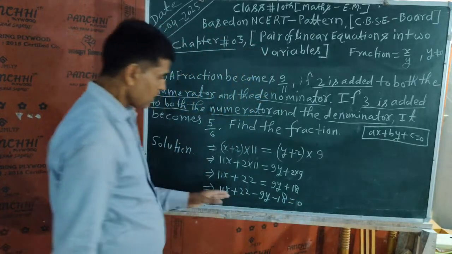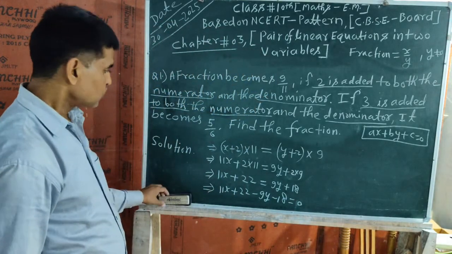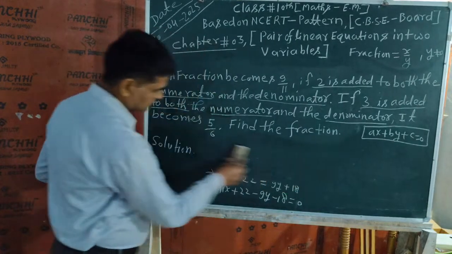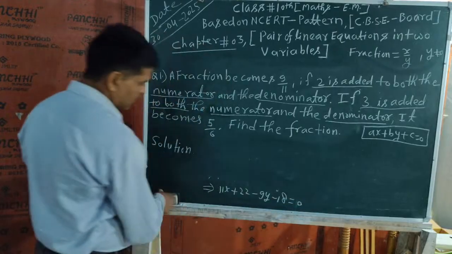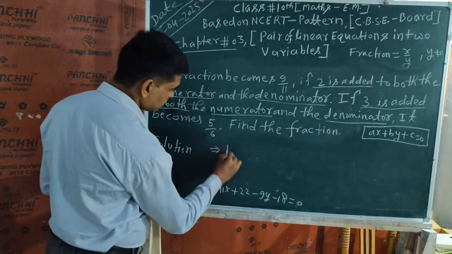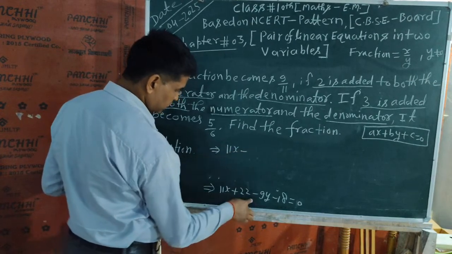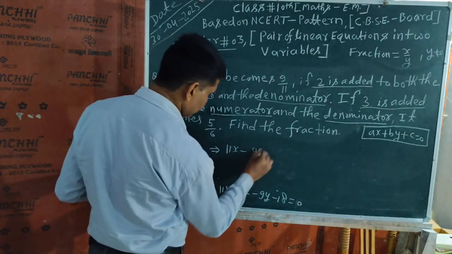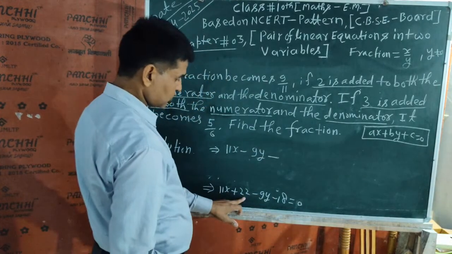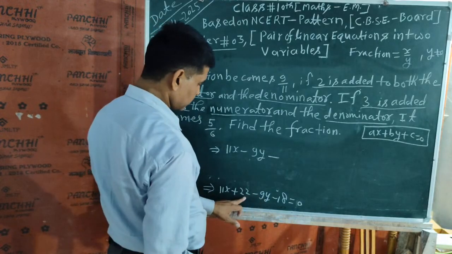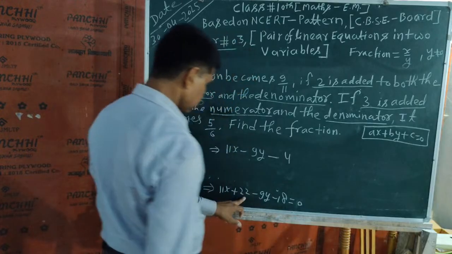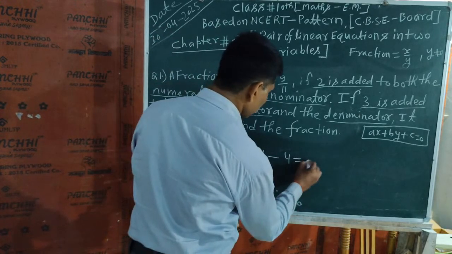Okay student, now further I will simplify it. The above data I am going to erase. Now I write, it implies 11x minus 9y, and then 22 minus 18 is 4, equal to 0.